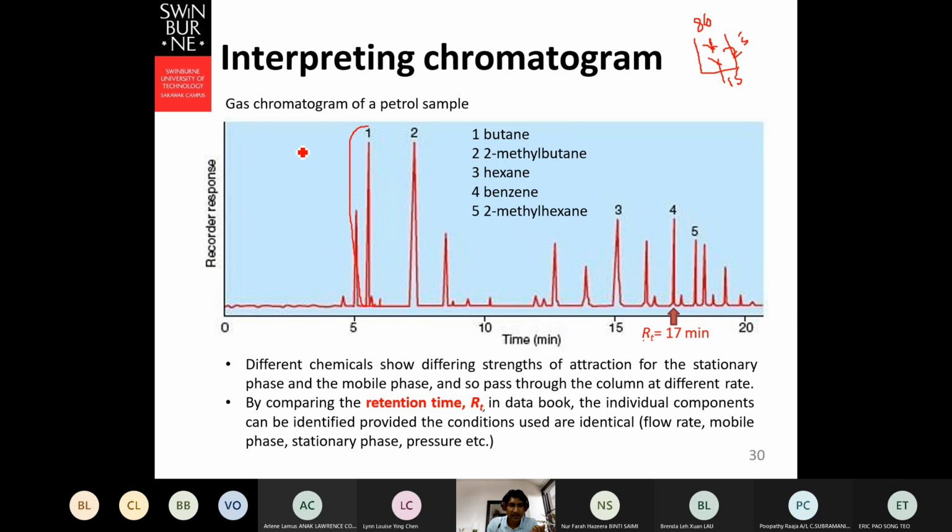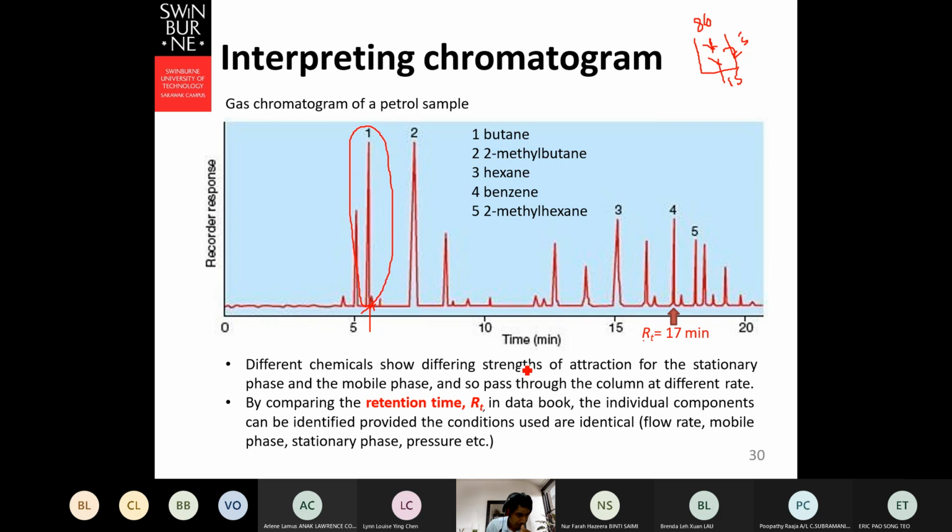This peak depends on that: at what time it reaches and how much voltage difference it is making. So the peak will come out that way. Based on that, we can find out what the unknown samples inside this mixture are.